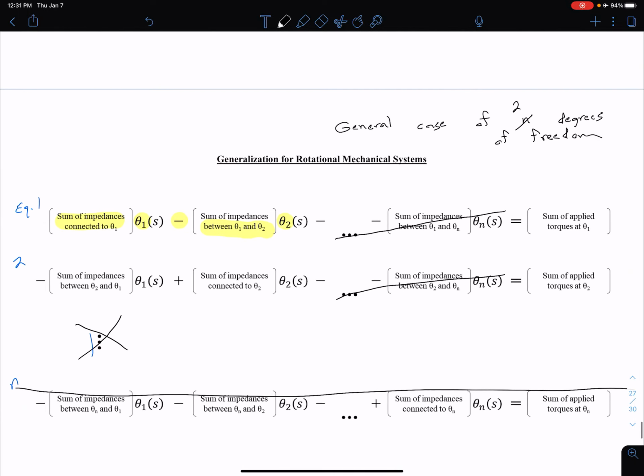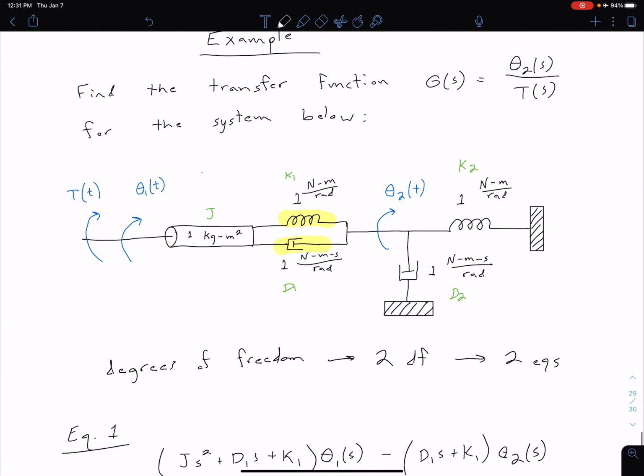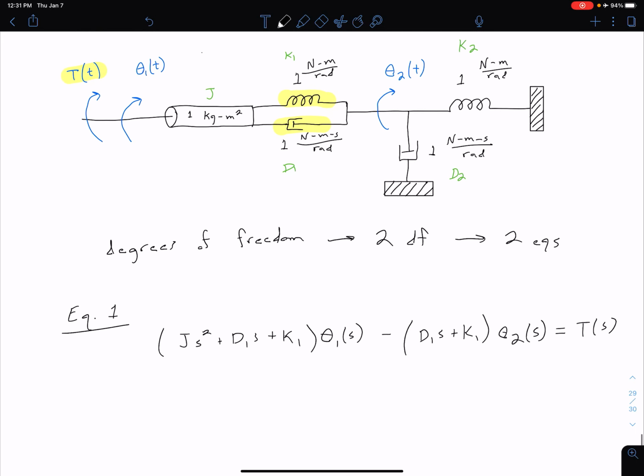Finally, looking at our generalized equation on the right side, we have the sum of applied torques at theta 1. In this case, we have our torque T being applied directly to theta 1, which is why we include it here: T of s. Now, if I want to plug in values, coming back up to my figure, I can say for J we have a value of 1, for K1 we have a value of 1, and so on and so forth.